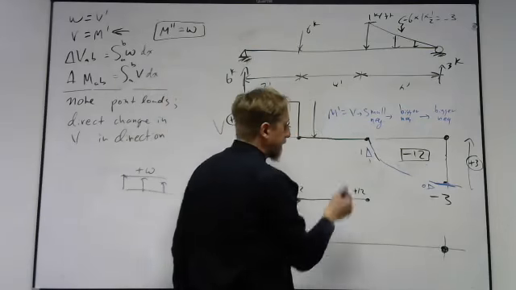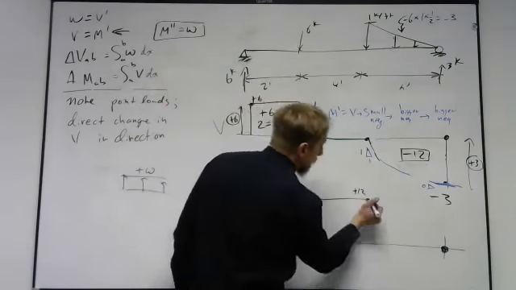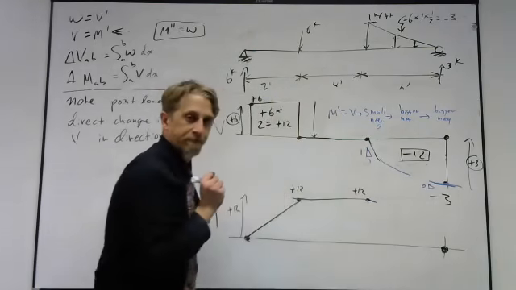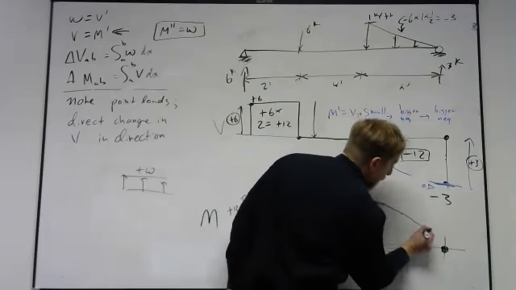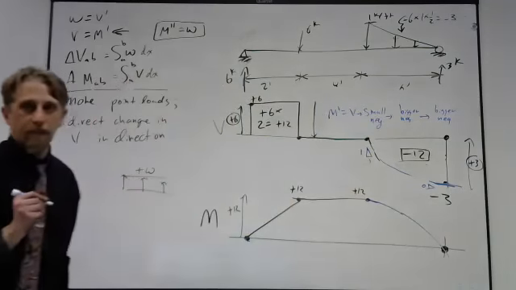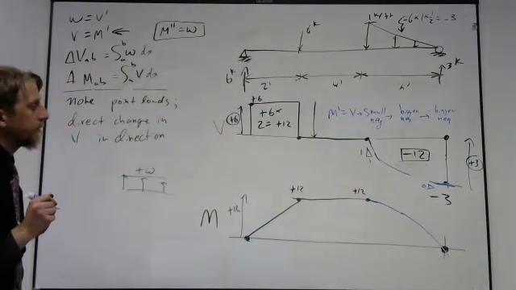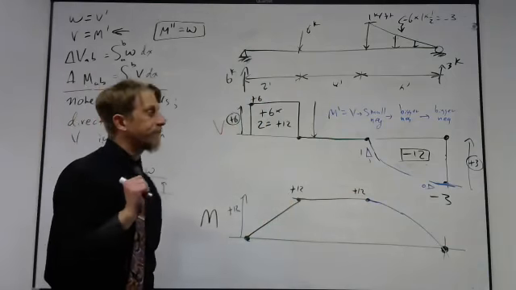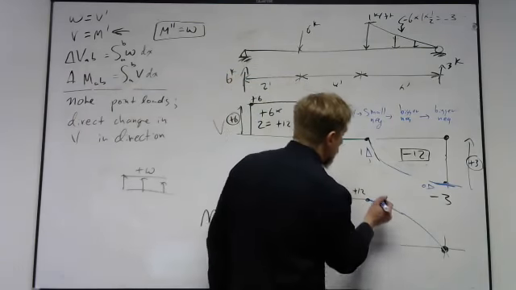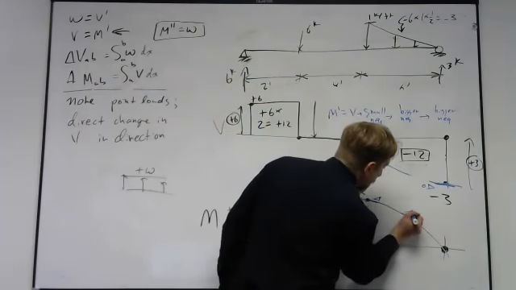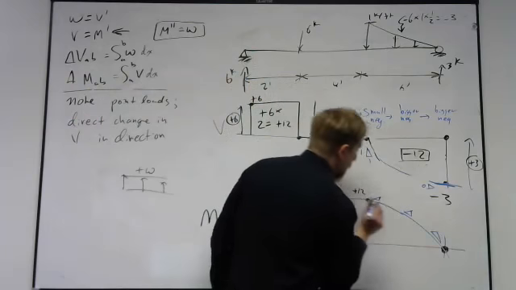which is the slope of M. So I'm going to draw a slope with a small negative, then a bigger negative, then a bigger negative. It's got to be like that. The other way you could figure: this was the small negative, bigger negative, biggest negative.